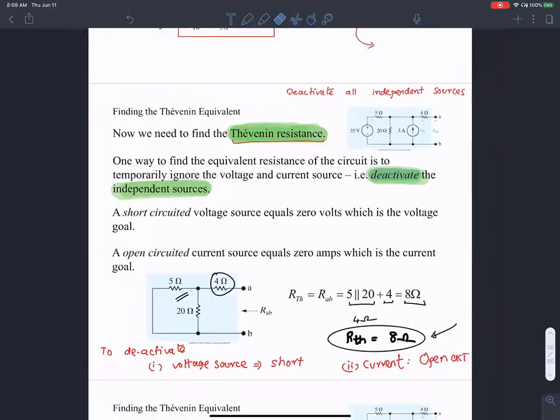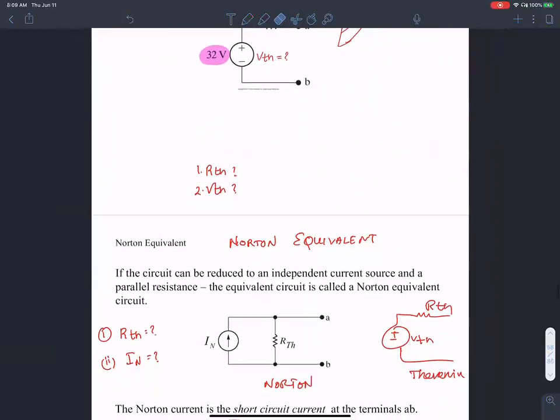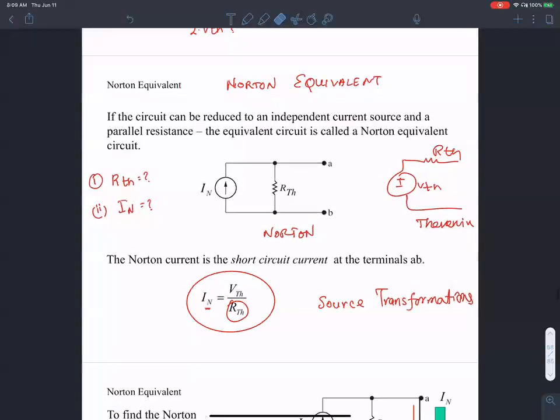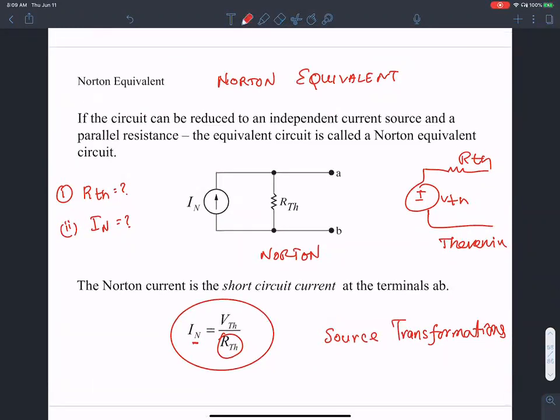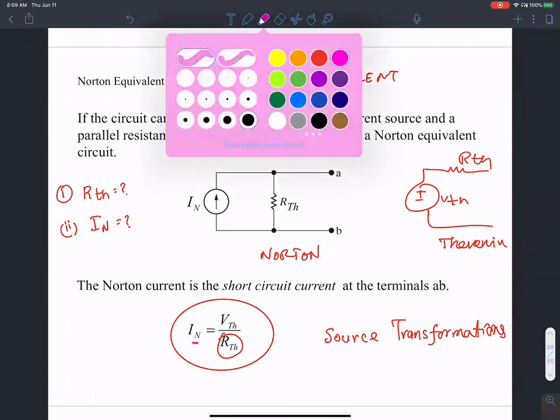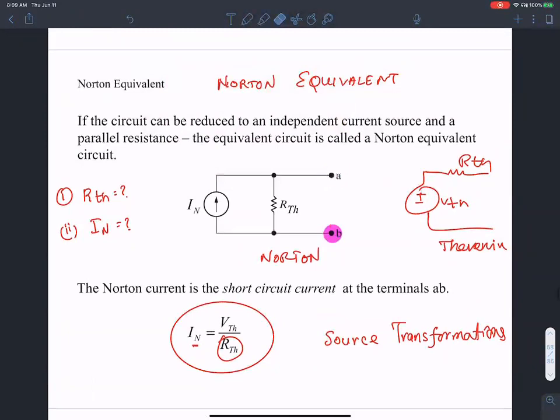Then we went on to talk about another additional method, which is the test voltage, test current method. Of course, we saw the exact same procedure for Norton current. For the Norton equivalent circuit, instead of finding the open circuit voltage, we find the short circuit current. We short circuit these two terminals and find the current.